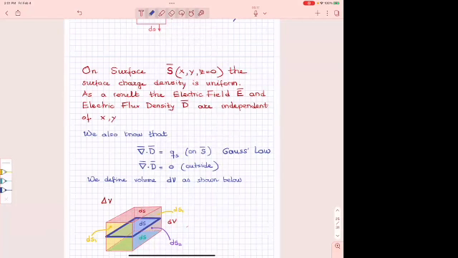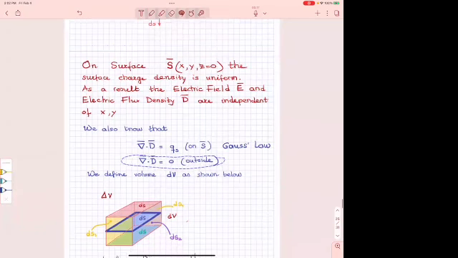So the divergence of D is equal to the surface charge density everywhere on the surface, at any point. So at every point on this surface, I have that relationship. But at any other point away from the surface it is 0. Okay, these are the two things.